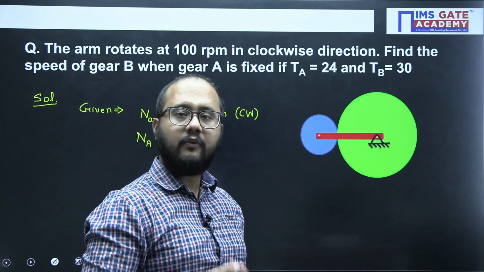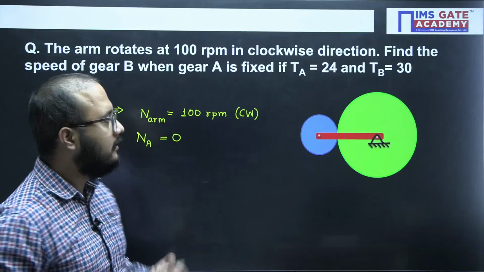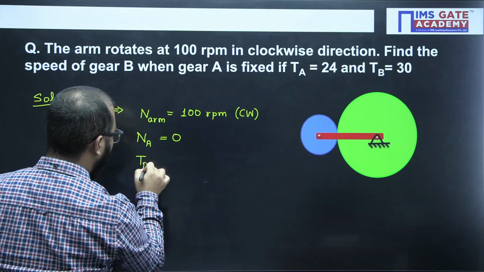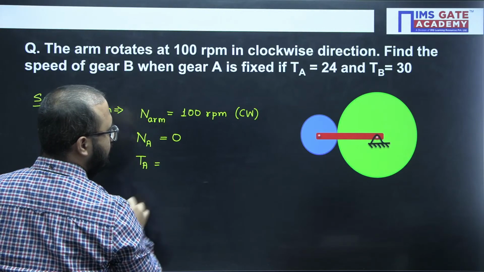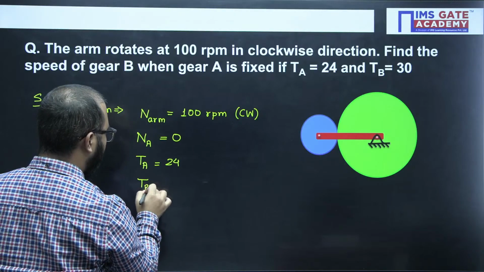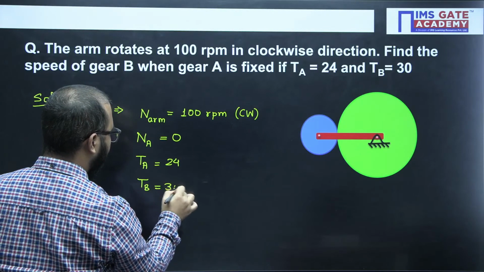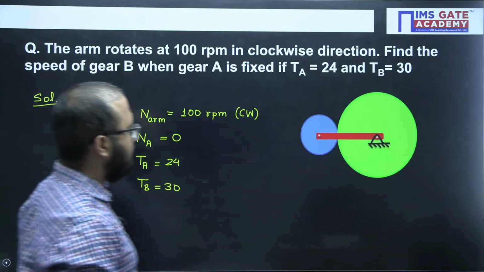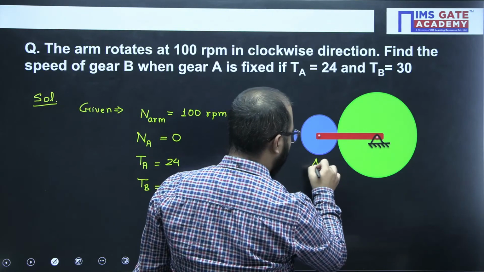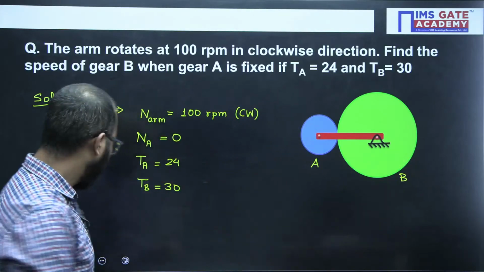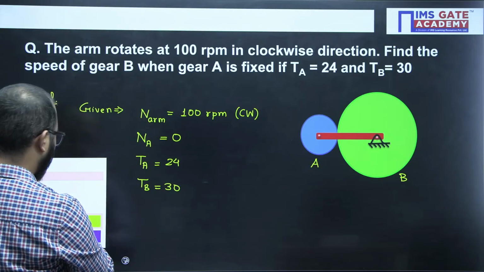If it is fixed, how will it have a speed? So that's why it is 0. Number of teeth on gear A is 24 and number of teeth on gear B is 30. Clear? So this is gear A, this is gear B, and this is the arm.